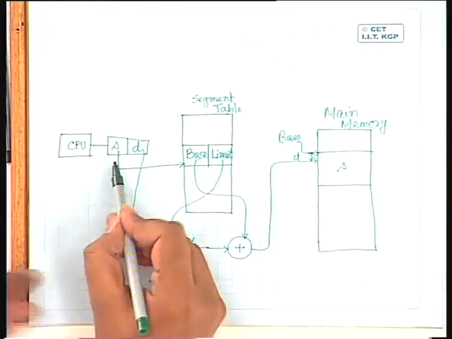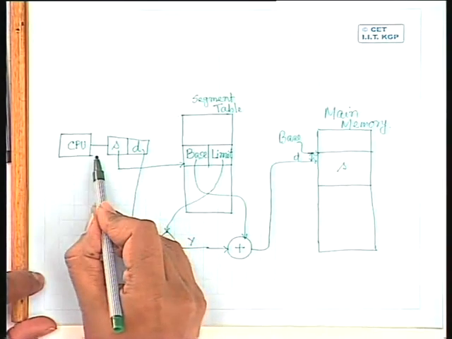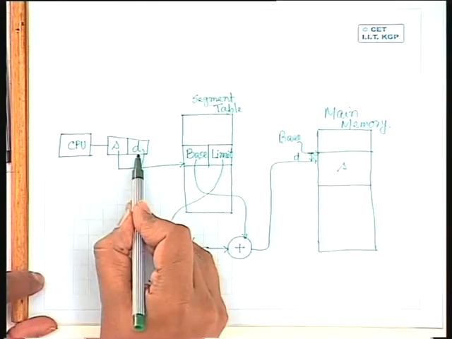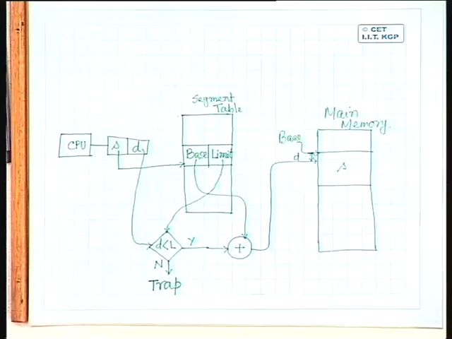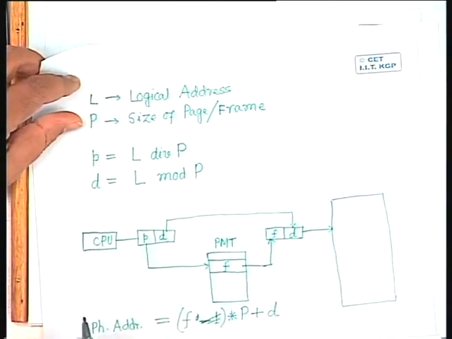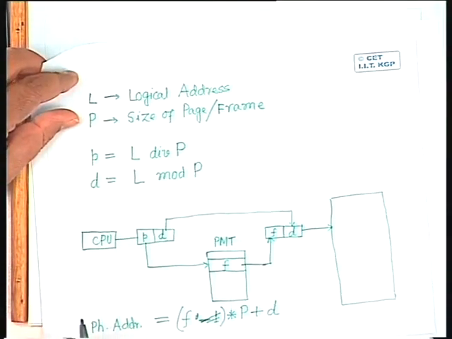But in segmented memory management, this segment number is also specified by the CPU. The CPU itself is generating the segment number and the offset within the segment. In paged memory management, what the CPU gives is the logical address, L. From L, you are calculating P. So depending upon the relative positioning of different functions within the logical address space, your P will be different.